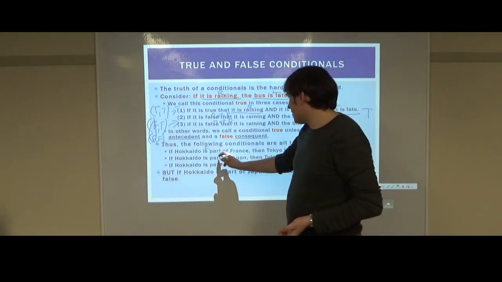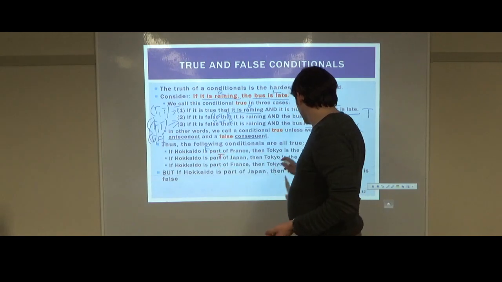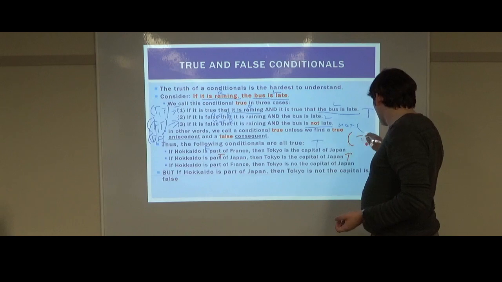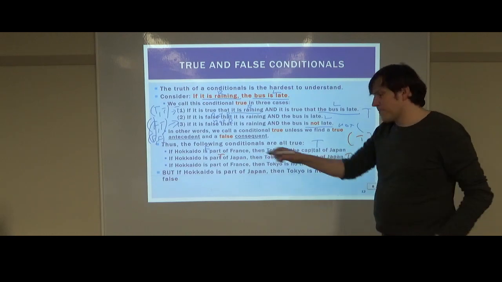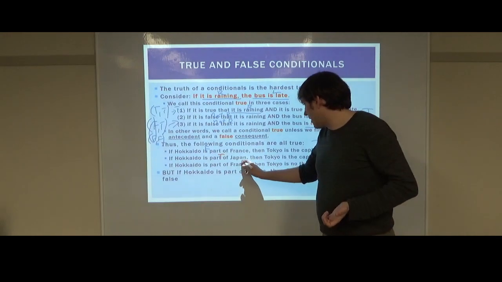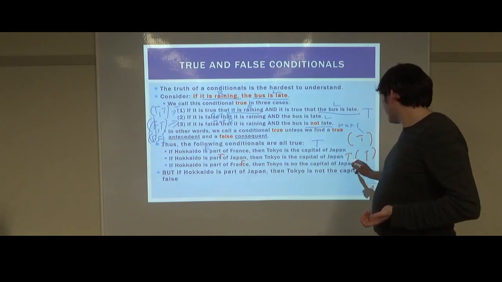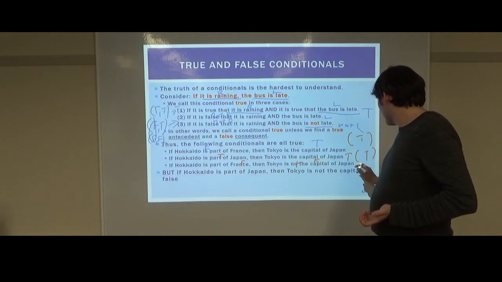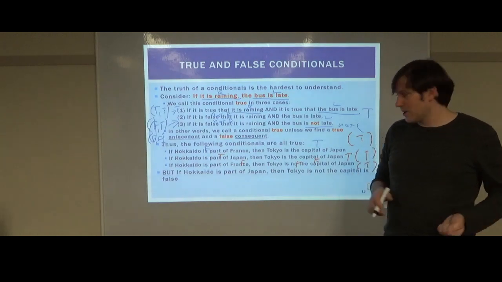If Hokkaido is part of Japan, then Tokyo is the capital of Japan. This gives us false to true is true, true to true is true. And this strange one: if Hokkaido is a part of France, which is false, then Tokyo is not the capital of Japan, which is false. So in this case, false and false gives us true.